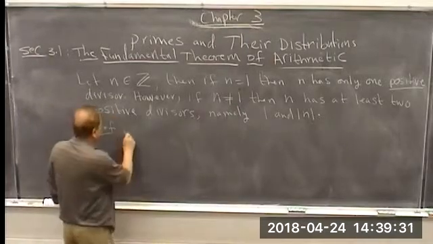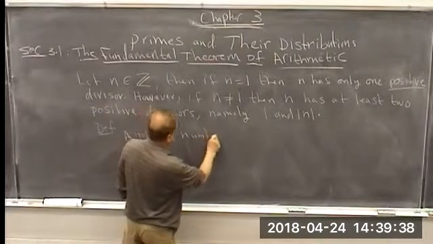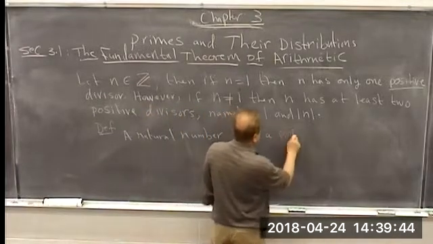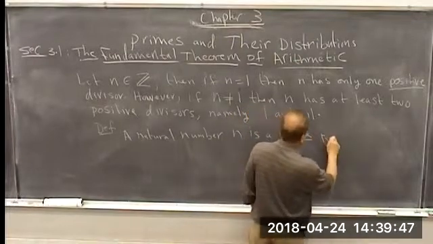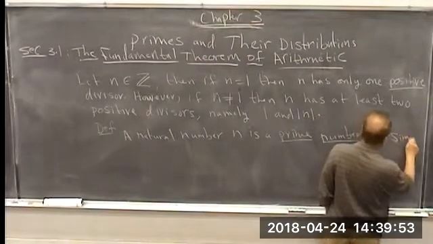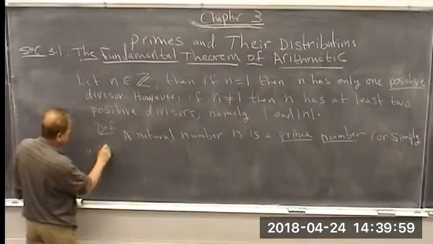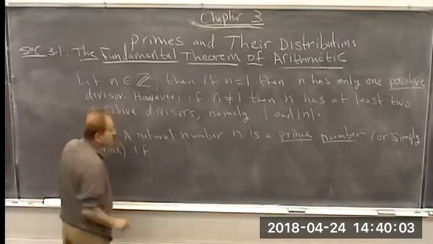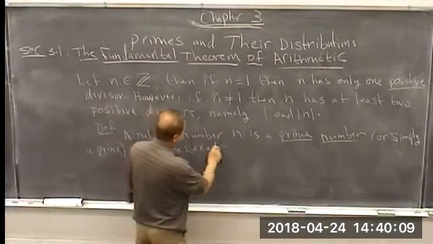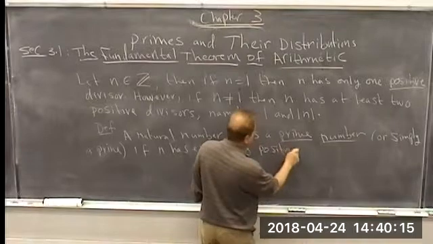A natural number n is a prime number, or sometimes simply a prime, if n has exactly 2 positive divisors.